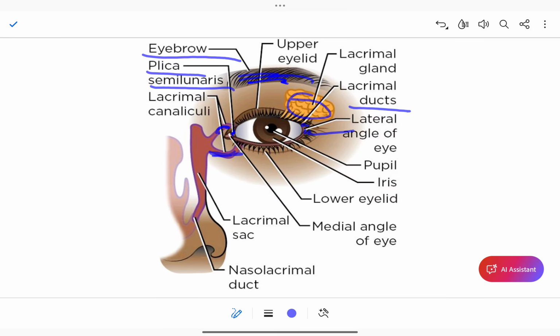This is a lacrimal sac, LS, and this is also nasolacrimal duct, NLD. This is called medial angle of eye.